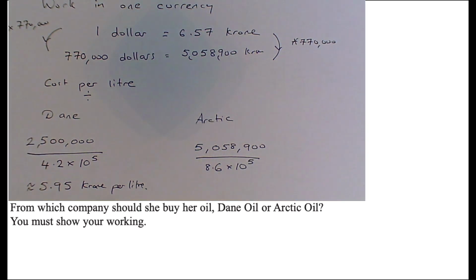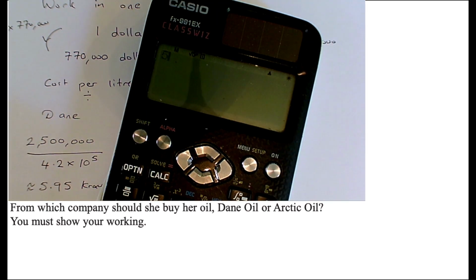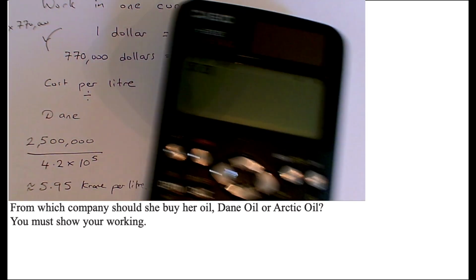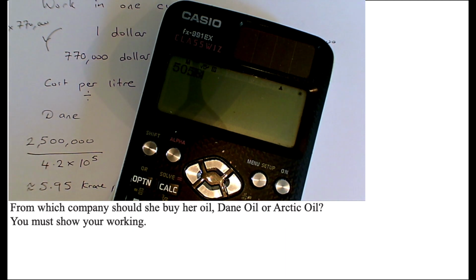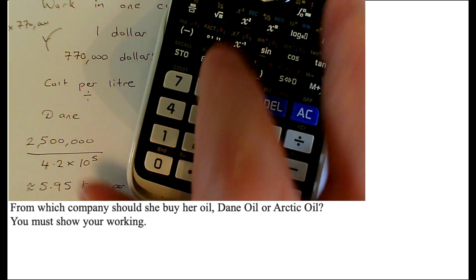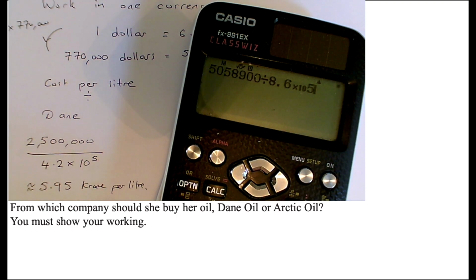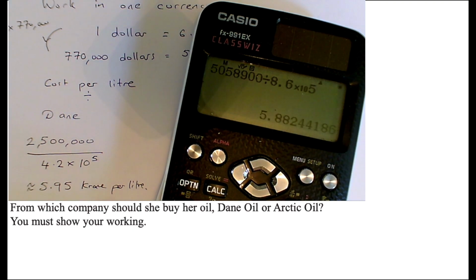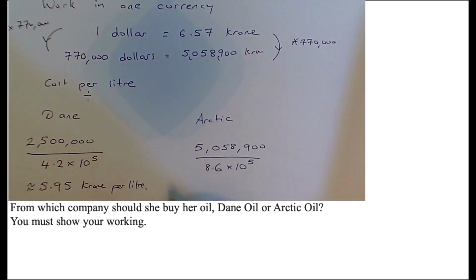So again, if I do that calculation on my calculator, I'm going to get how much? That's it, don't forget that button, it's really useful. Okay, and 5.88 krona per litre. So now I'm comparing like with like.